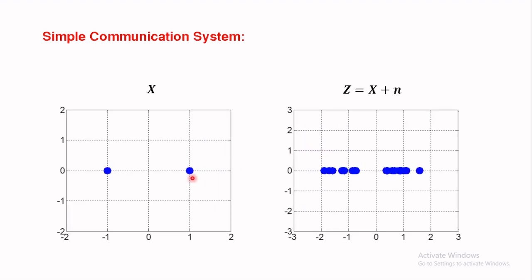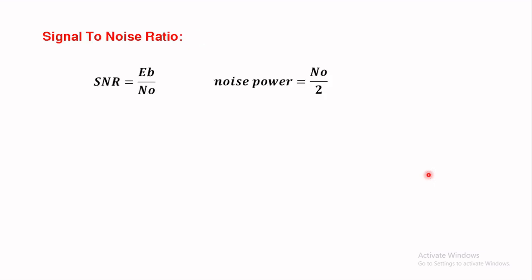So for example, we may transmit values around 1 or minus 1, but the received value, because of the additive white Gaussian noise, will be distributed around these values, around the 1 and the minus 1. There is another important value in digital communication, which is the signal-to-noise ratio, defined as the average energy per bit divided by N naught, the power spectral density.